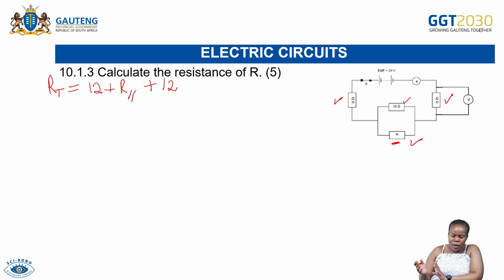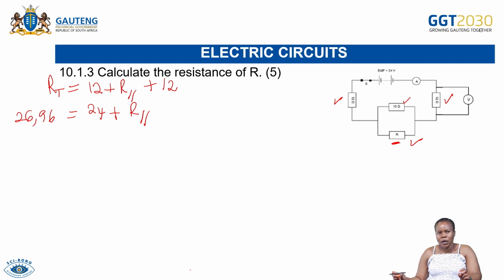And then on the next step, I'm going to substitute for RT, because the total resistance we've already calculated. We said it is 26.96, which equals, now let's add like terms together, 12 plus 12, which gives us 24, plus R parallel.